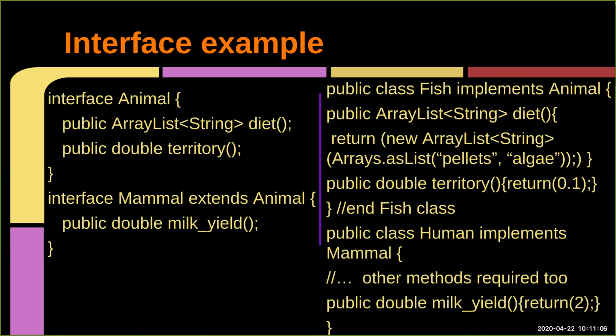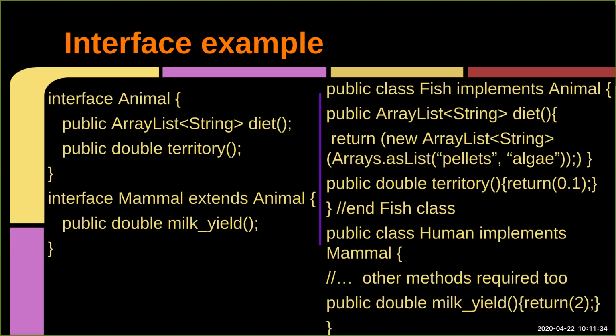There are sea anemones that don't move at all. So this is just going to return 0, right? Or if it's something very tiny that doesn't really ever move much, we're going to use a very, very small number. Okay, but then mammal here extends animal, and so it's going to have everything.